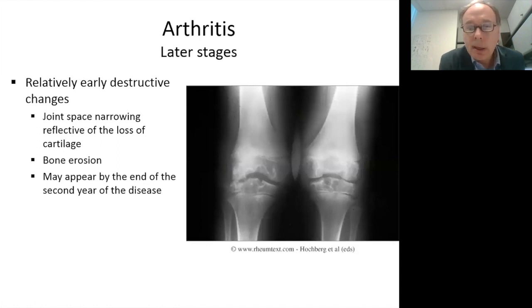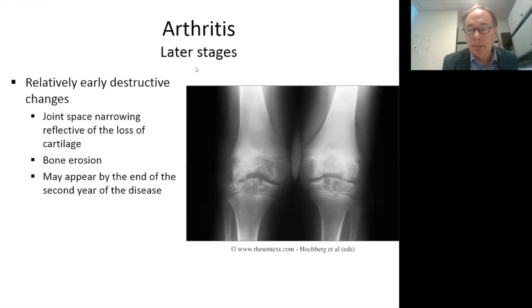Here, we are looking at relatively early destructive changes in the knees. So in this example, what we would like to see is a nice space between the bones, and this space is filled with healthy cartilage. And as you can see, in this particular patient, this space is narrowed. It means that the cartilage is lost. And there is some kind of remodeling, as the bone is trying to repair itself.